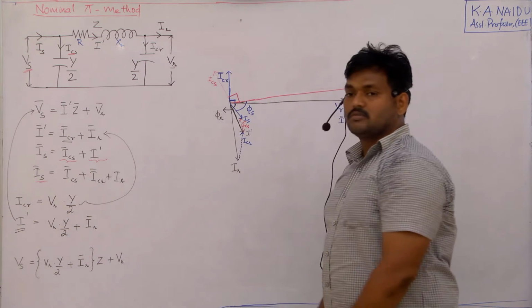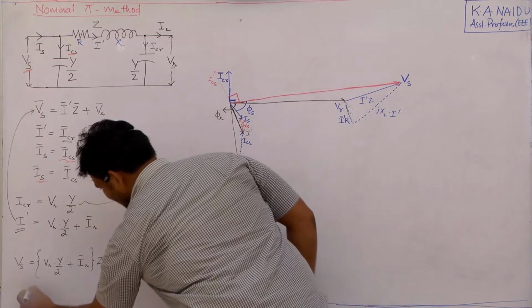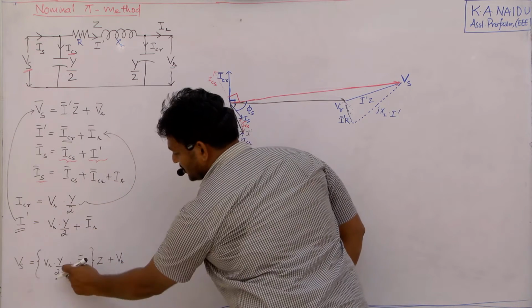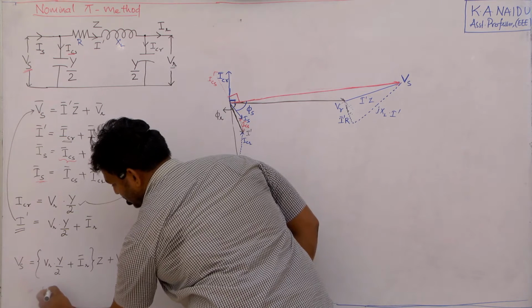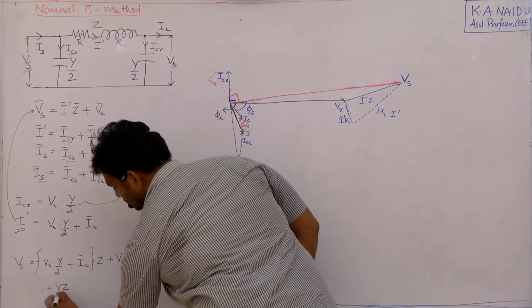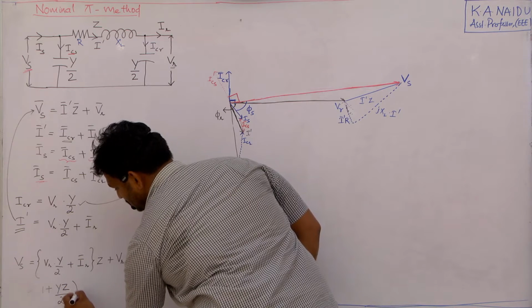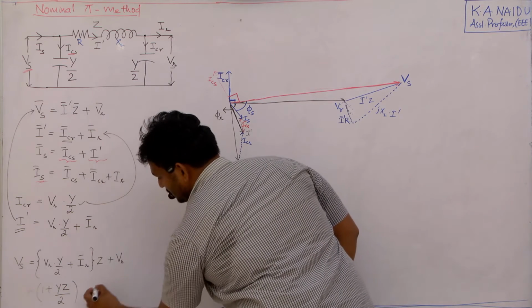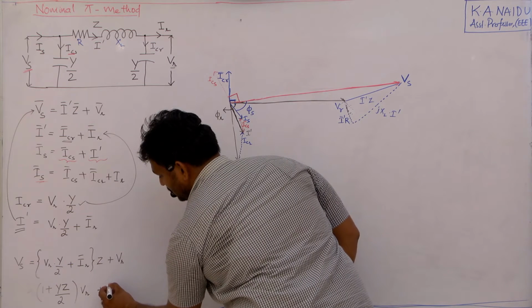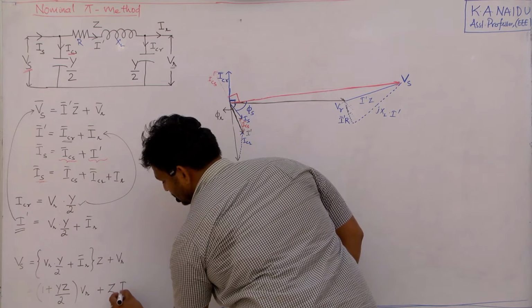You resolve this, you will get Vs equal to (1 plus YZ by 2) into VR plus Z into IR.